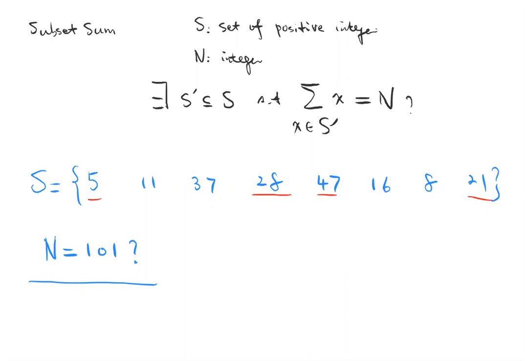So how can we find such a subset? One way is greedy, which does not work. Largest element first, of course, does not work. One way is to try all possibilities, try all subsets. Of course, but then there are this many subsets. It's exponential time, right? It's very slow, does not work. In general, we don't have a polynomial time algorithm at all because this problem is very hard.